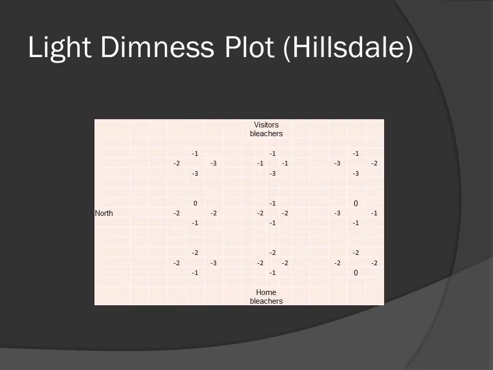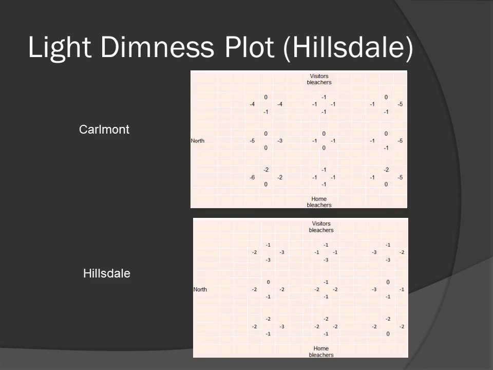We do a dimness plot. Same thing like we did on our field. We find the brightest spot, and everything else is a minus number from there. So now we compare, and we can start seeing some difference. Remember the end zone numbers?